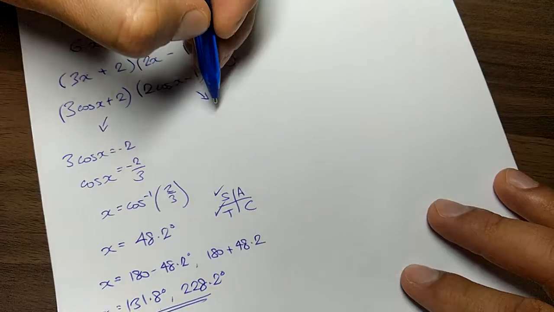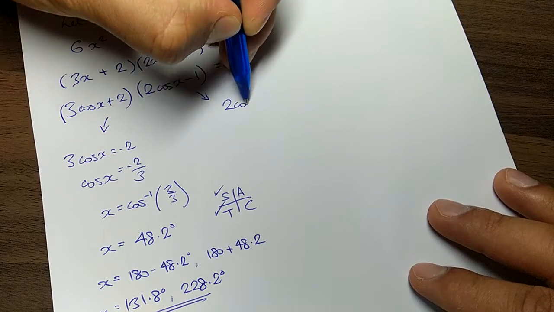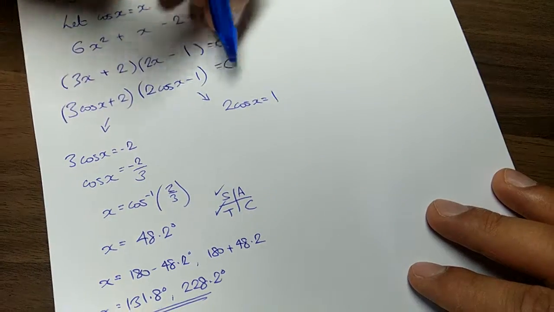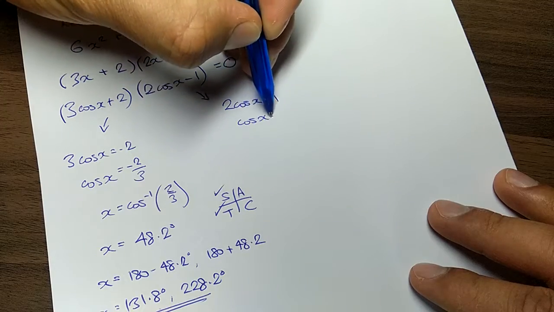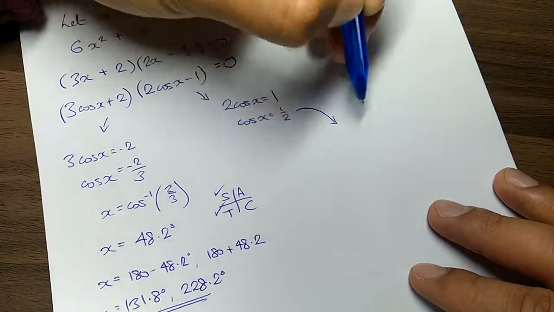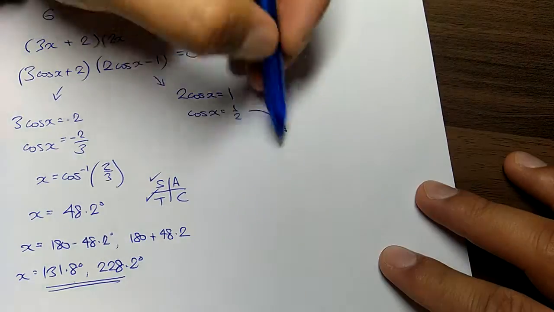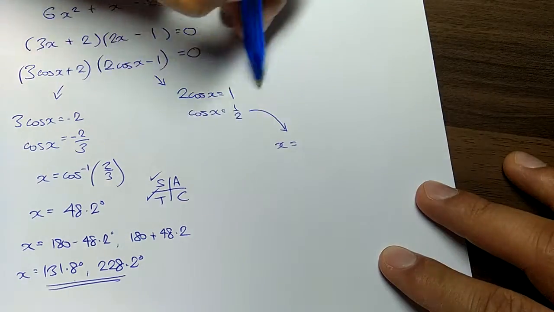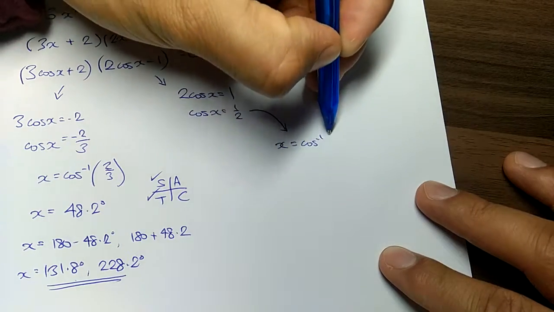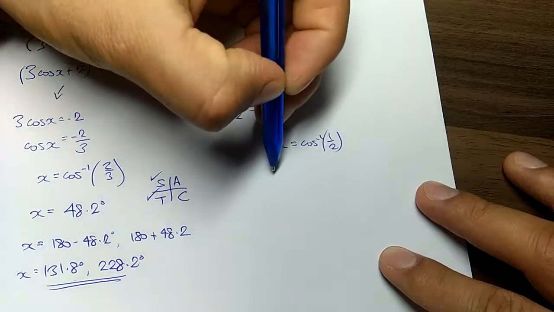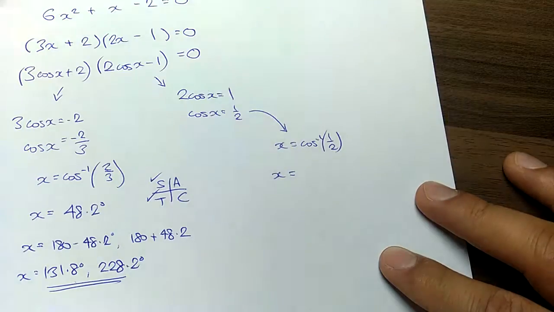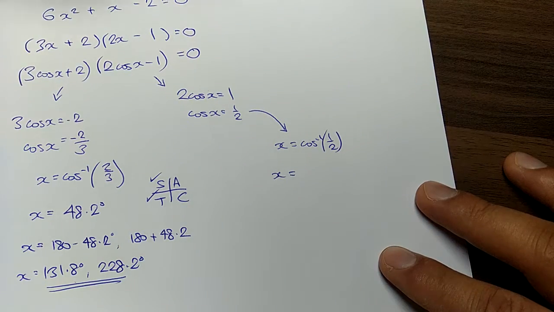We solve this one now. So that means 2 cos x equals 1, and therefore cos x is equal to a half. That means x is cos inverse of a half. This is an exact value, but considering it's paper 2, if you want to use a calculator, you can.